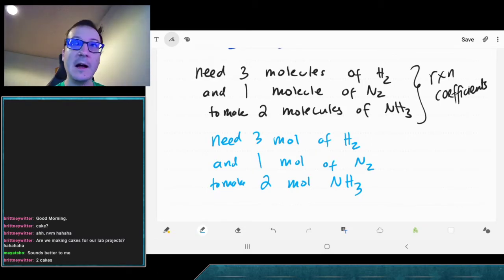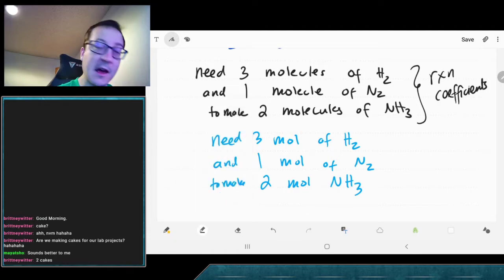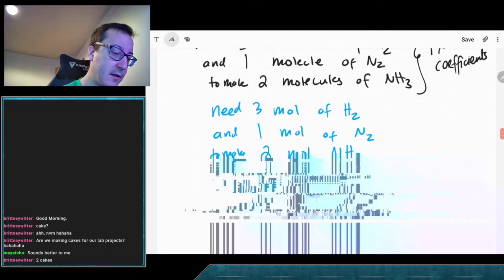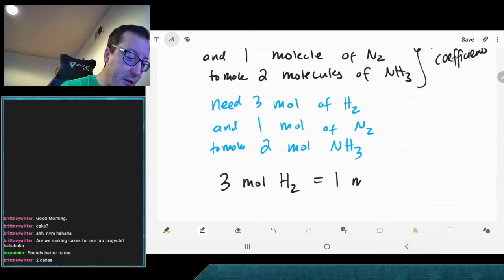So this is the stuff that we're going to be focusing on in this chapter here. So what this tells us is that we can come up with some reaction or conversion factors.